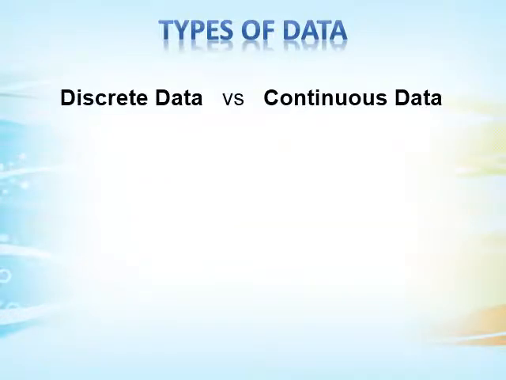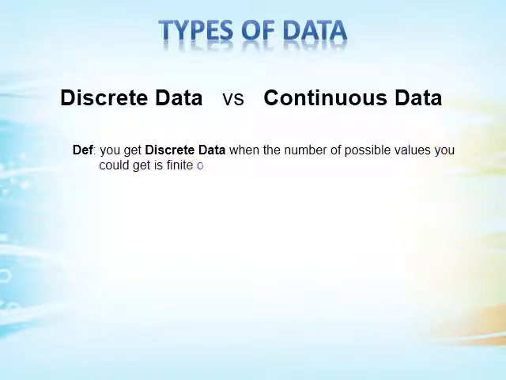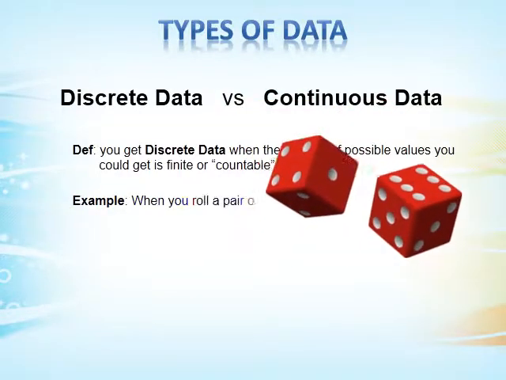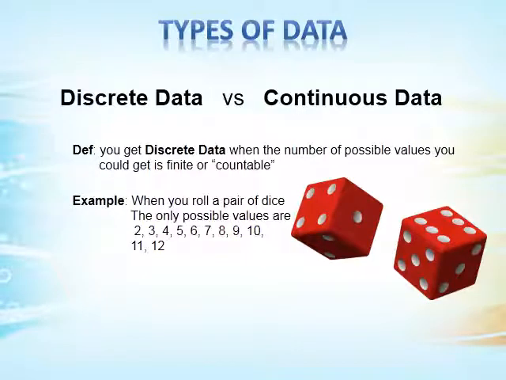Now quantitative data, the numbers that represent counts or measurements, can come in either discrete data or continuous data. So you can get discrete data when the number of possible values you can get from your data is finite or countable. So for example, if you roll a pair of dice, the only possible values when you add the two up numbers together are 2, 3, 4, 5, 6, 7, 8, 9, 10, 11, or 12.